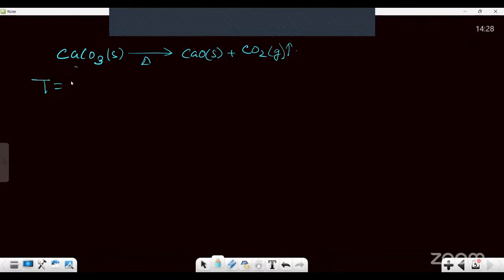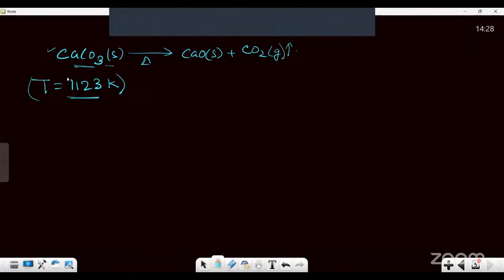That temperature is 1123 Kelvin. So this is the decomposition temperature. If the temperature is less than 1123 Kelvin, the calcium carbonate will not break, because calcium carbonate also has some stability, so it will not break so easily.